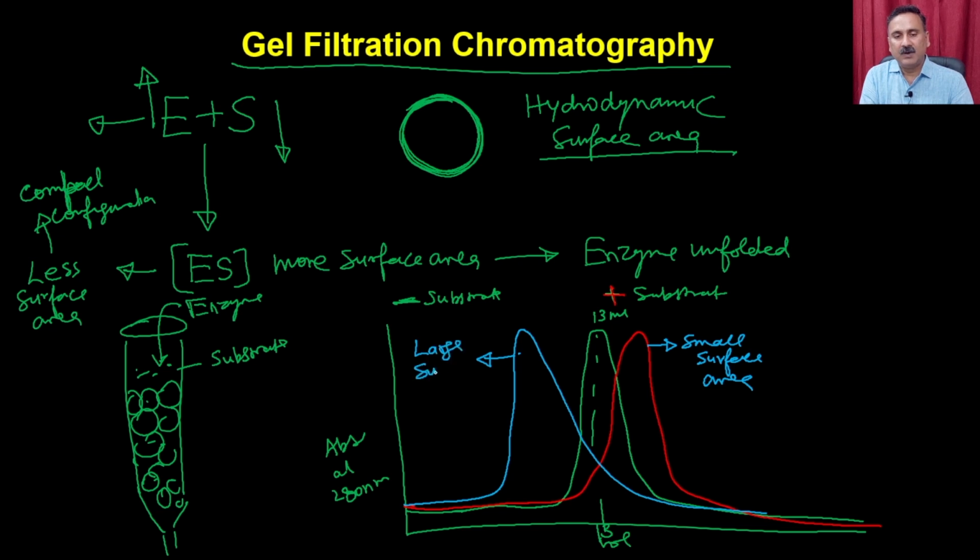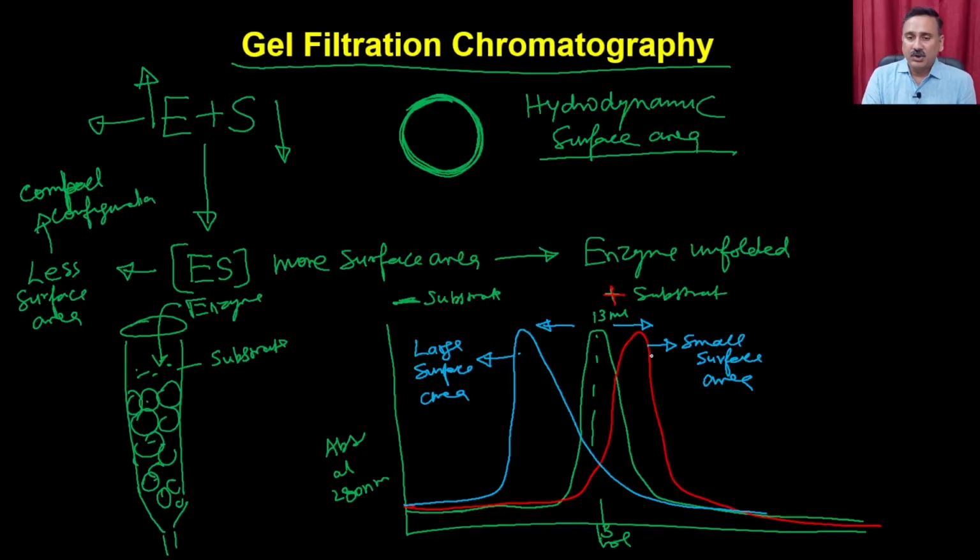Basically when the enzyme gets unfolded, it will move in this direction, and when the enzyme is going to be more compact, it is going to be in this direction. So many substrates are affecting the enzyme in different ways.